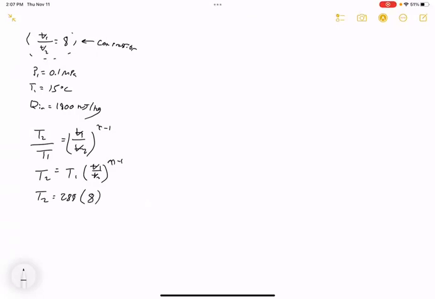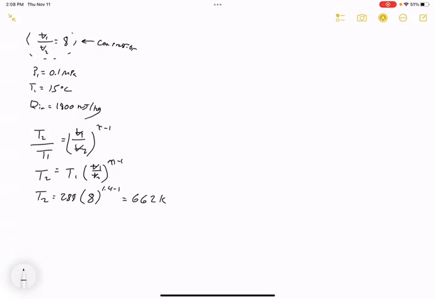And for air, gamma minus 1 is just 1.4 minus 1. This should give us the temperature at the end of the compression process. 288 times 8 to the power of 1.4 minus 1 gives us 661.65. So we'll just call it 662 Kelvin. We'll just round.